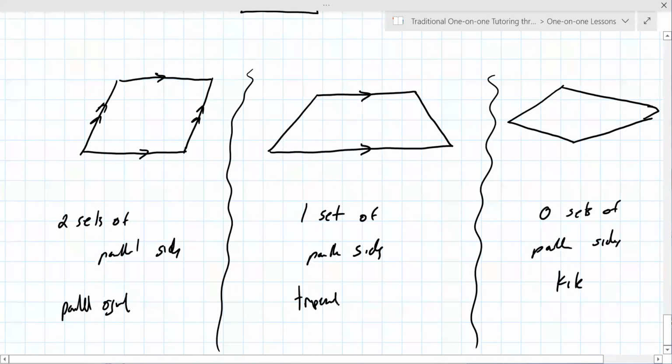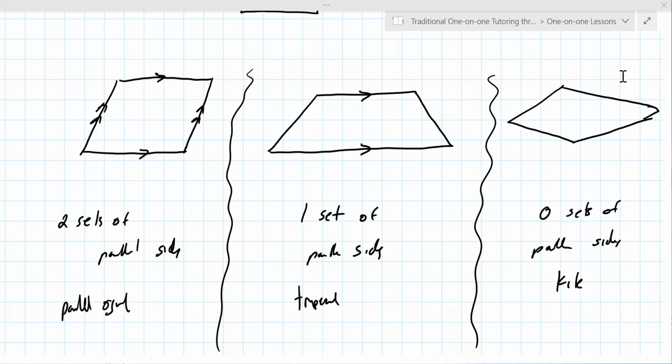There are variations on these, like an isosceles trapezoid and a right trapezoid, and within parallelograms there are rectangles, rhombuses, and squares. But the main differentiator is the number of sets of parallel sides. It should be presented that way because it's a nice, easy way to break them down.